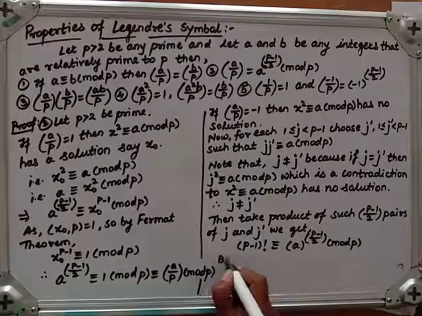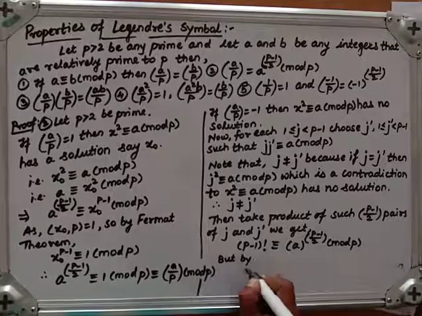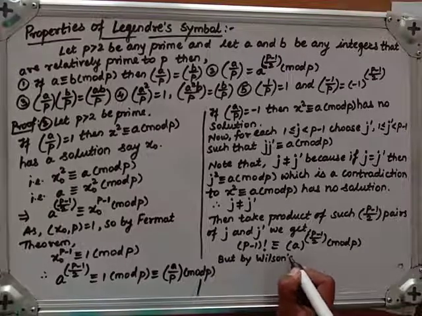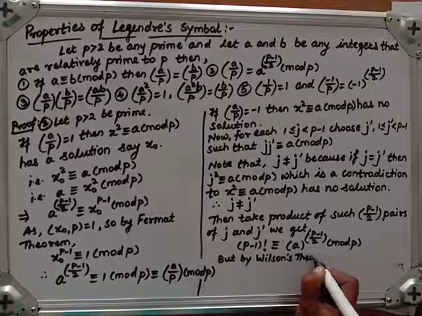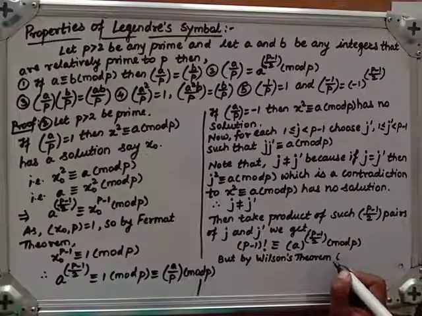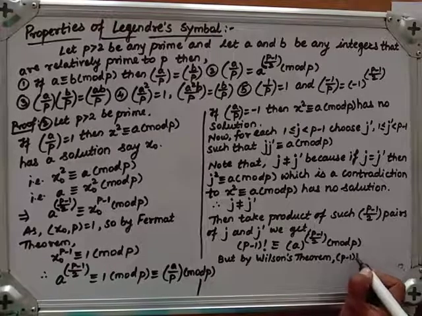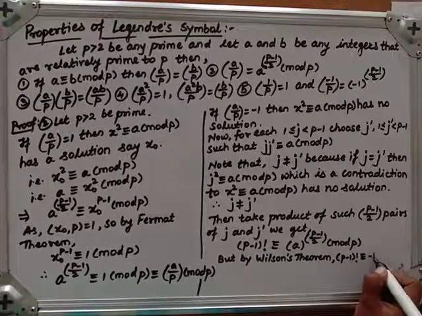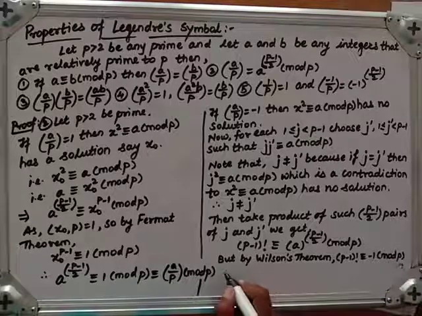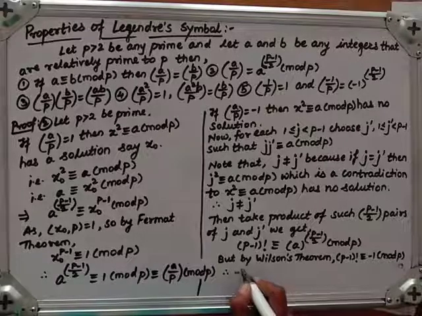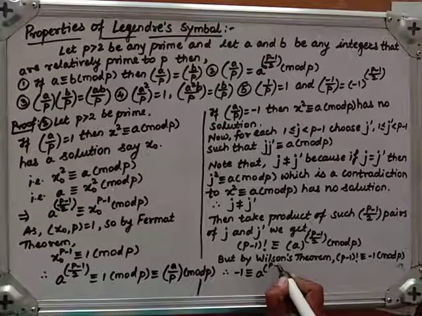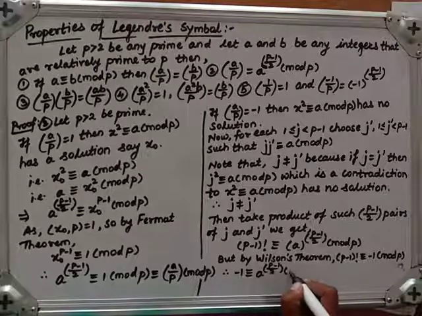But by Wilson's theorem, (p minus 1) factorial is congruent to minus 1 modulo p. Therefore, minus 1 is congruent to a raised to (p minus 1) by 2 modulo p.